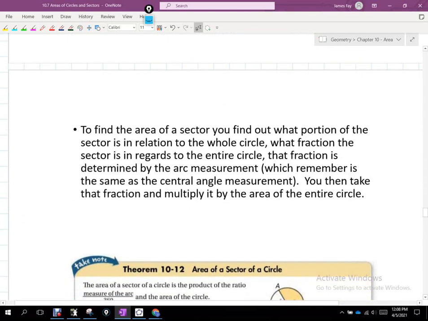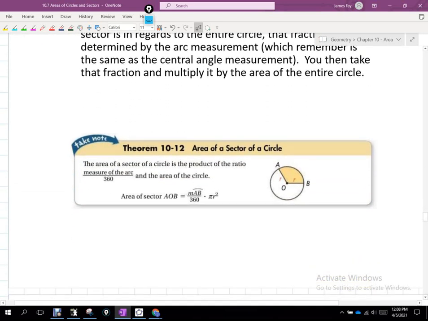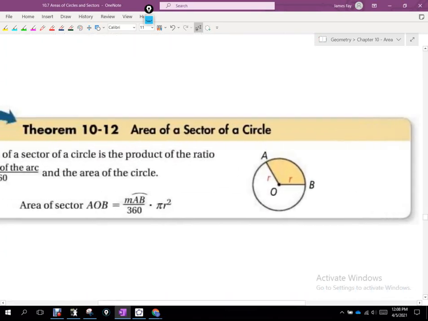It says to find the area of a sector, you find the portion of the sector in relation to the whole circle. So we're going to be interested in finding this area right here. If I know that the measure of arc AB in degrees is, let's say, 60 degrees, actually let's make it look a little more to scale, let's say it's 120 degrees.